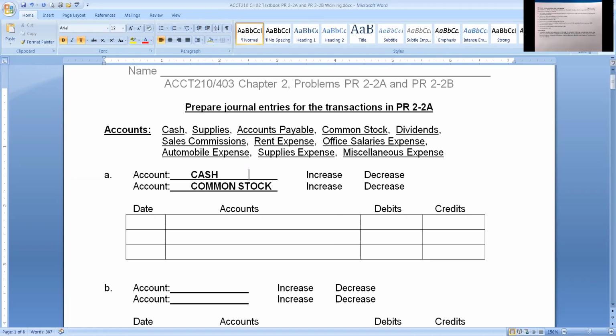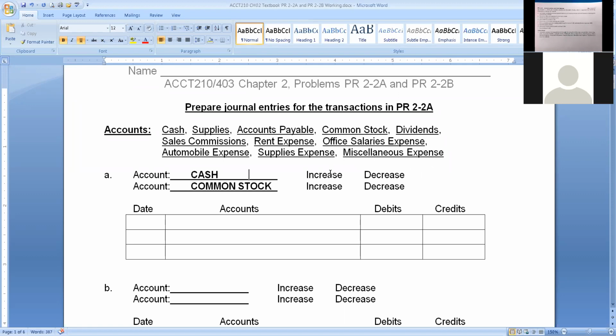For now, this is somewhat interesting in that this is only from the business's point of view. So from the business's point of view, did cash go up or down? Does the business have more cash or less cash now?